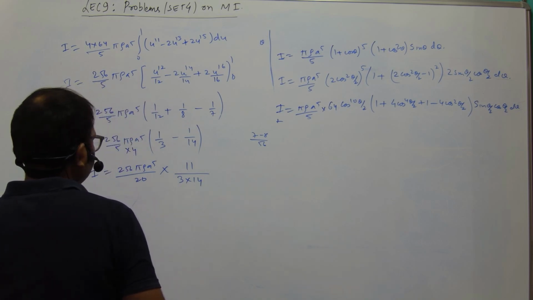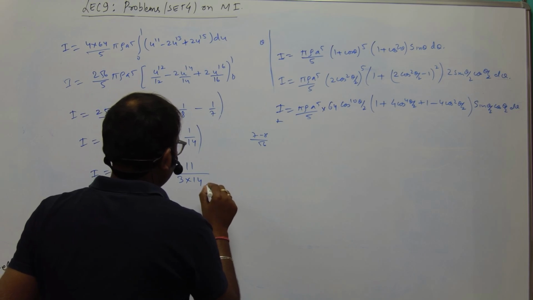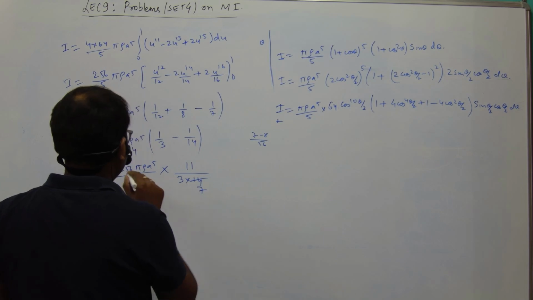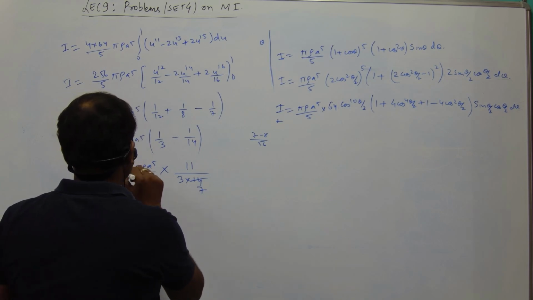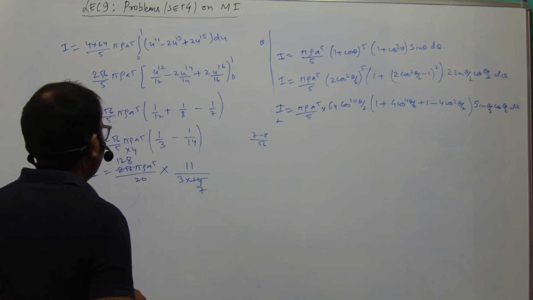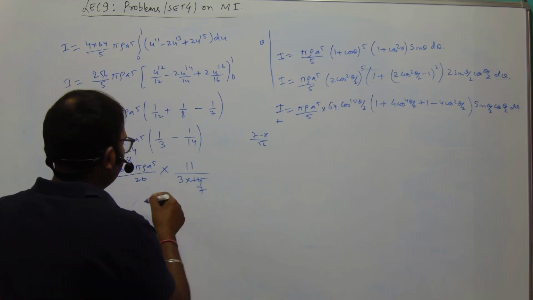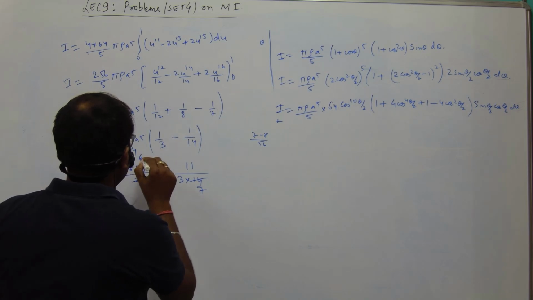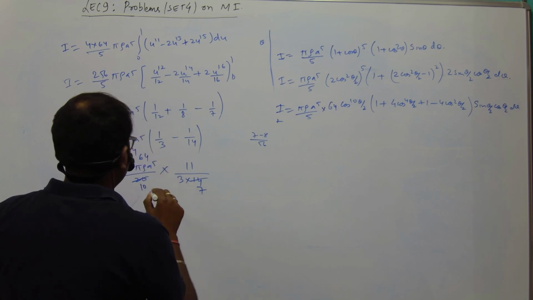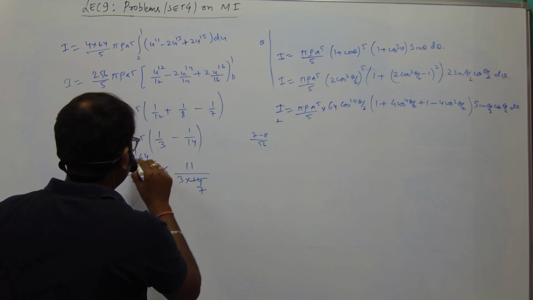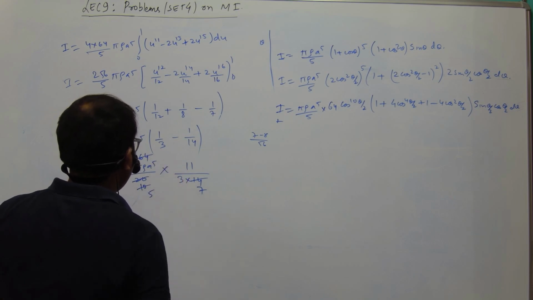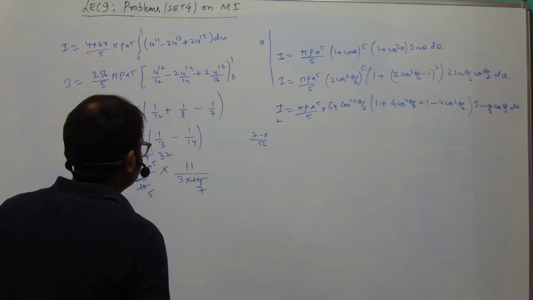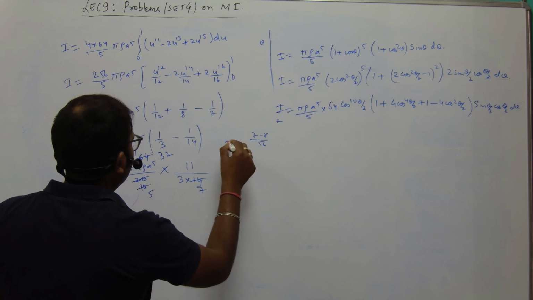Okay, this is 2 times 7, sorry, 7 times 7, 2 times 4, 128. So this we can further cancel as, this is 10, this 2 times, this is 6 and this is 4, 64 times. This we can further simplify as 5, 2, this is 32. So this we can write as 32 times 11.